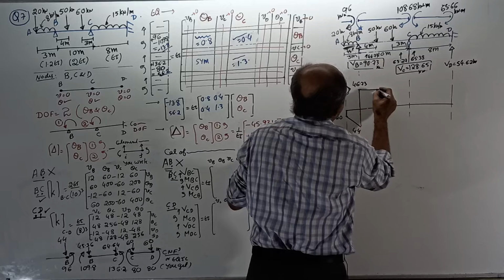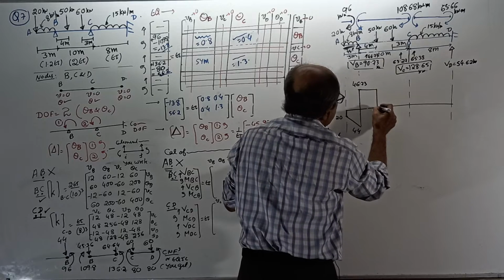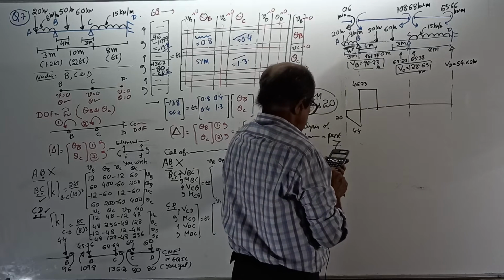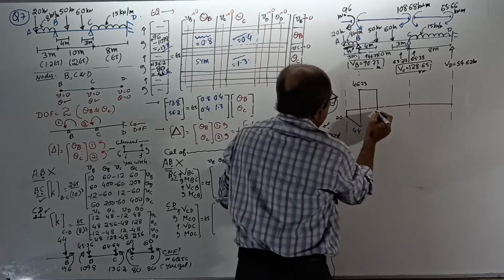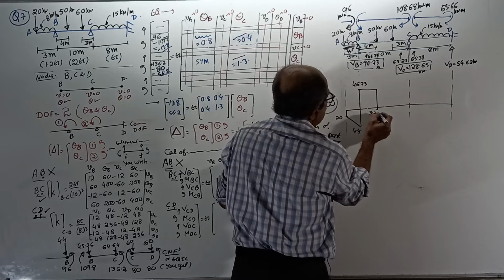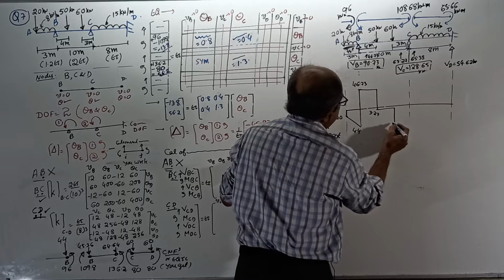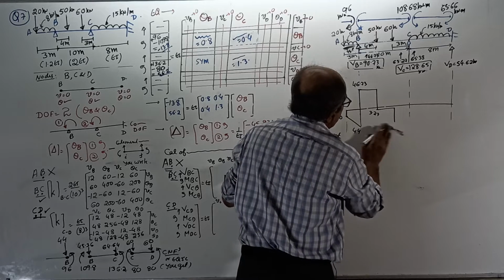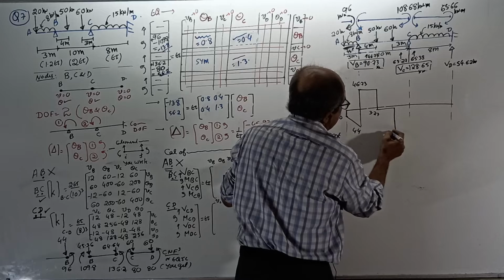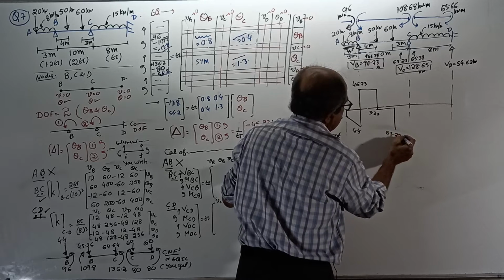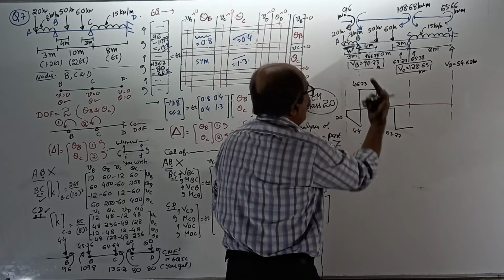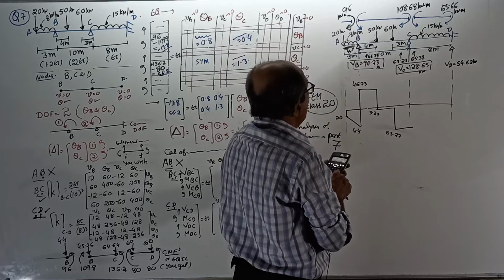No load up to here. Down by 50. It will cross the baseline here, 3.27. Small value. No load up to here. Down by 60. Why calculate? 63, a little more. 63.27. No load. Go up by 128.65.